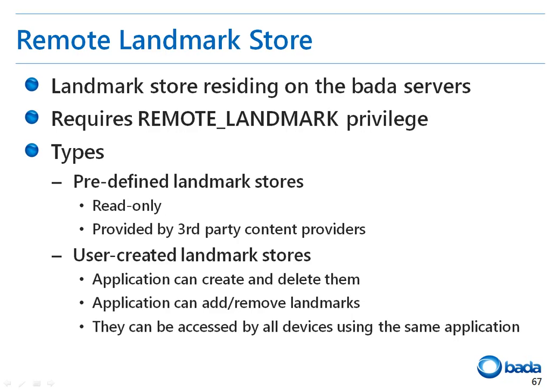Of course, a predefined landmark store is read only and third-party information is used. The second type is a user-created landmark store and can also be saved on the server. Applications can create and delete landmark stores and add and remove landmarks. As each landmark store is associated with an application ID, all devices running the same application can access the same landmark store.